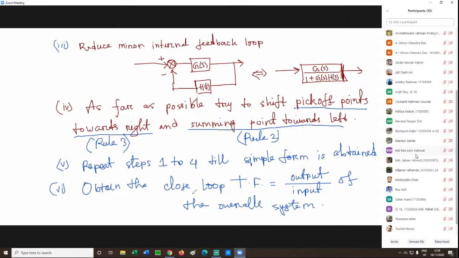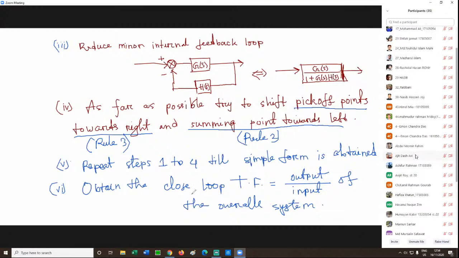That is the final step. Finally, obtain the transfer function, and you are done.